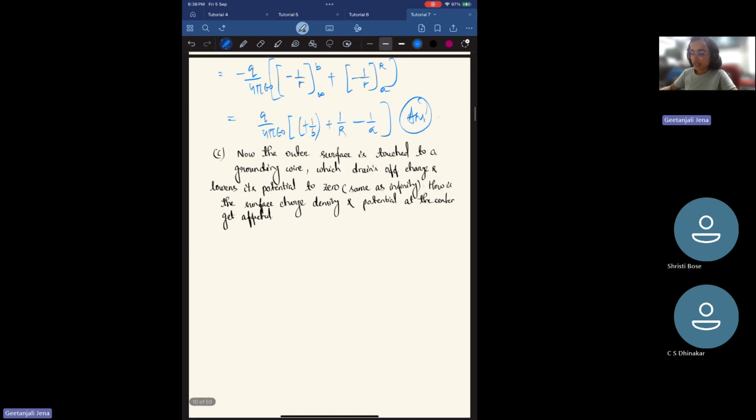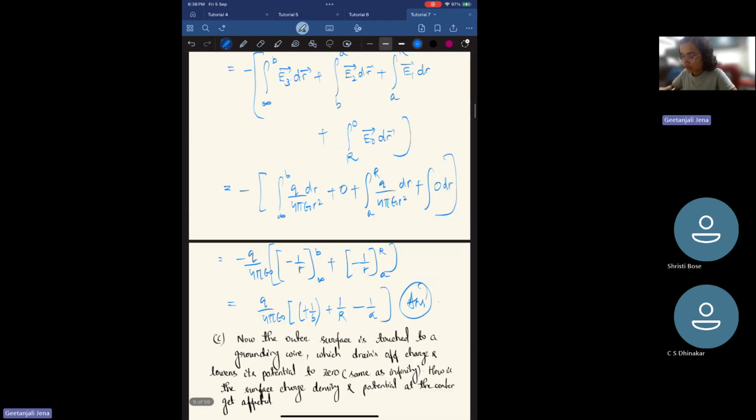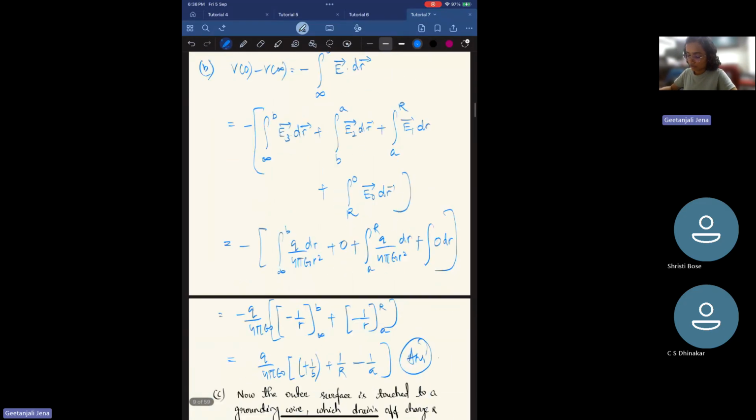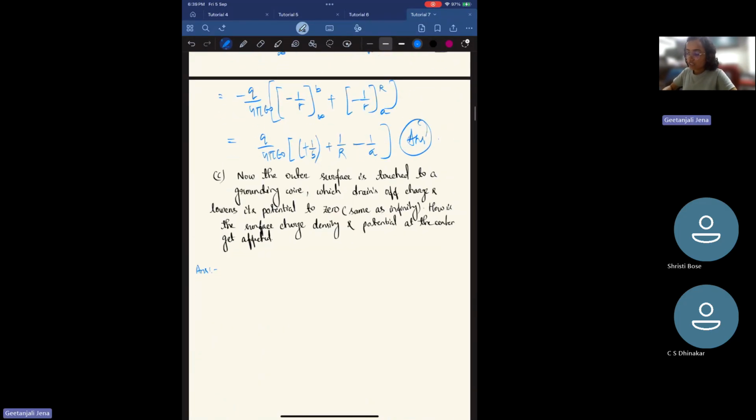So let us move to our next problem. It's related to question number, I think it's the fourth question, right? Question number 4. The question says, now let us say the outer surface is touched to a grounding wire, which drains off its charge and lowers its potential to 0.